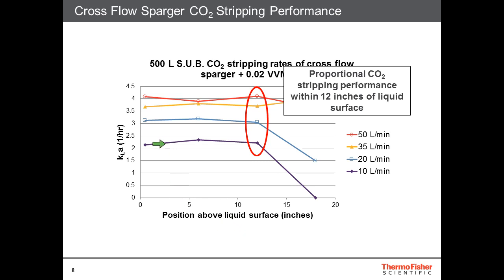As you can see here, 5, 10, or up to 12 inches from the surface of the liquid. As you go on increasing the flow rates, say 10 liters, 20, 35, or 50 liters per minute, it's very effective in stripping the carbon dioxide. But the moment you increase beyond that, the efficiency goes down. So that's why it is important that the cross-flow position is within 10 to 12 inches from the liquid surface.